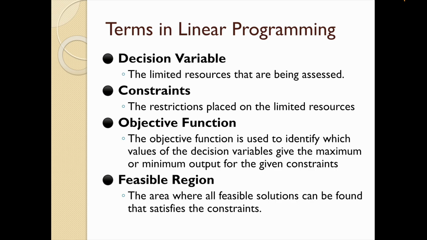And the feasible region is just the area that I showed you earlier with all the feasible solutions. That tells you the region where it's safe to meet all the constraints. In essence, that's like your safety zone, your safety net that meets all the constraints for the decision variables. All right, so that's the theory behind it.